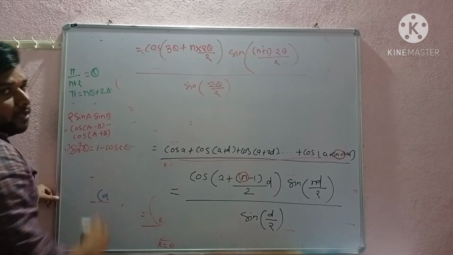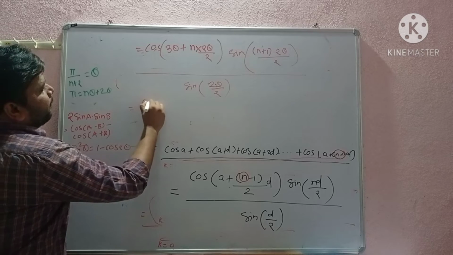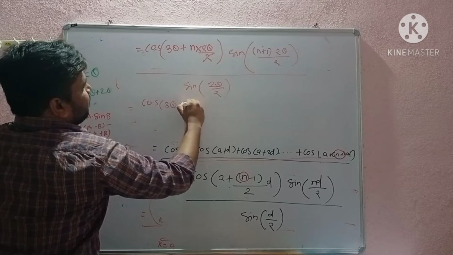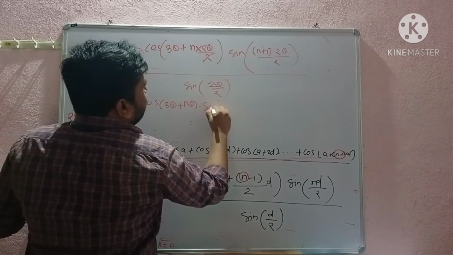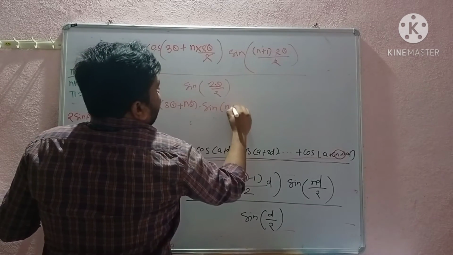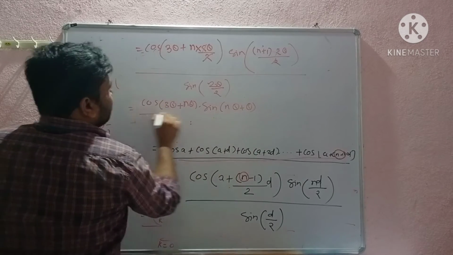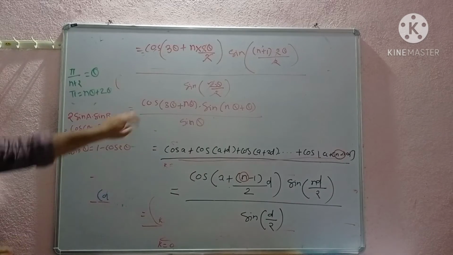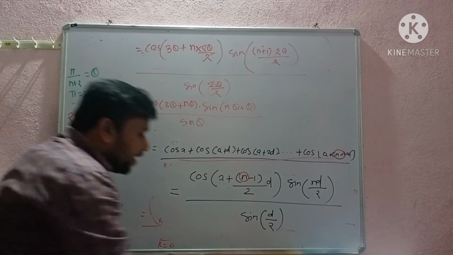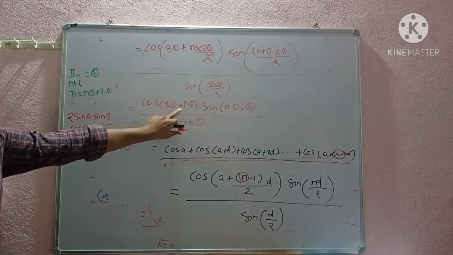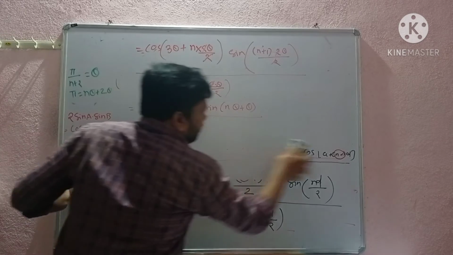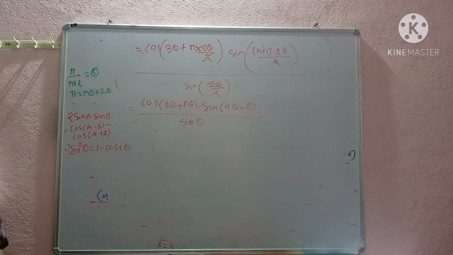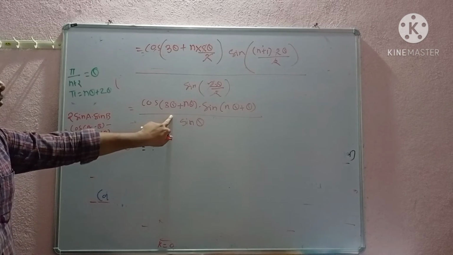Okay, now the equation simplifies again. Cos of 3 theta plus 2 theta, the 2 gets cancelled, n theta into sine of (n theta plus theta), divided by, this 2 also gets cancelled out, sine theta. Now the equation is more simplified. Now again we have to put the value of n theta. Let's solve this equation.